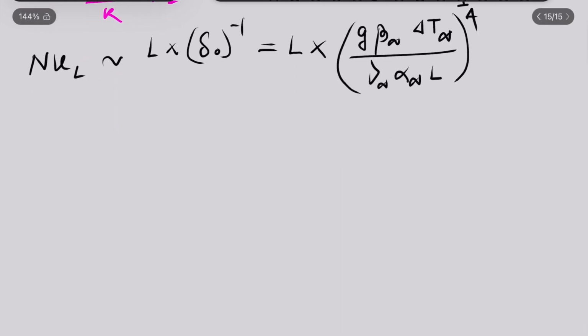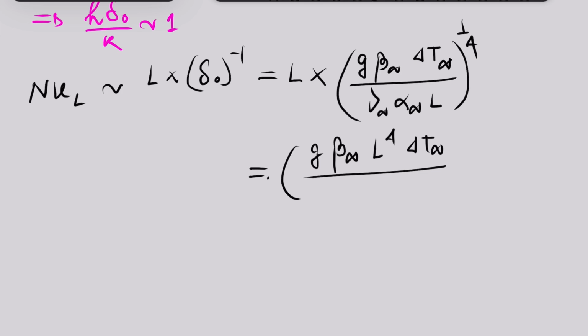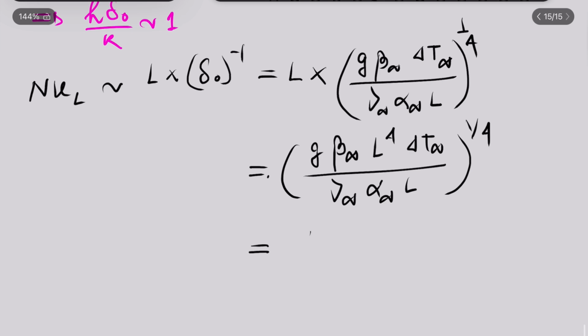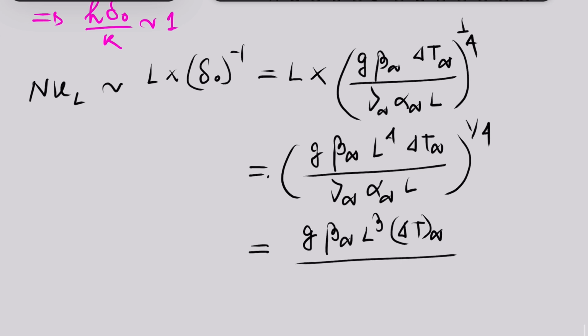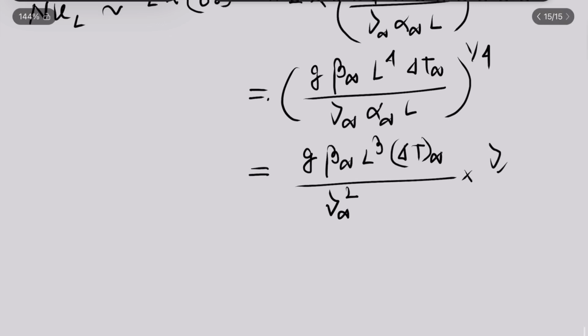Now what I can do is take this 4 inside the bracket, and I will get L to the power 4 into delta T infinity by this L to the power 1 by 4, and now I will get g beta delta T L cube by nu square, into nu by alpha.